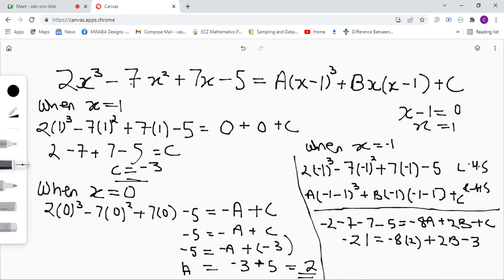So negative 8 times 2, that's negative 16, all right? Negative 16 minus 3, that is negative 19, all right?